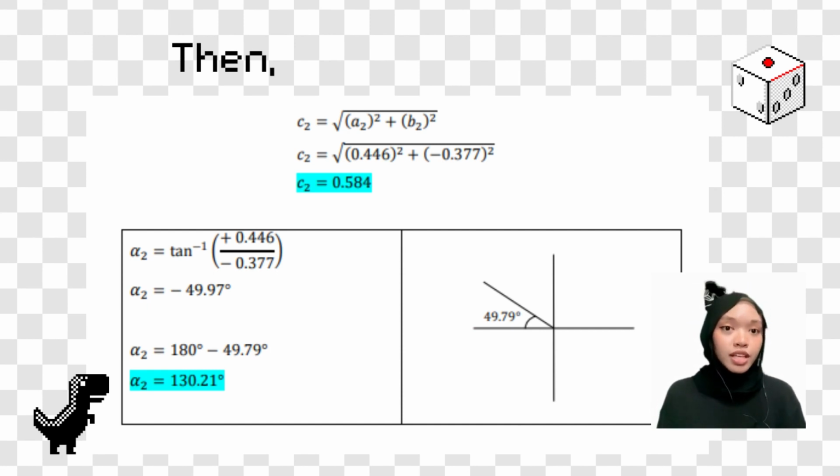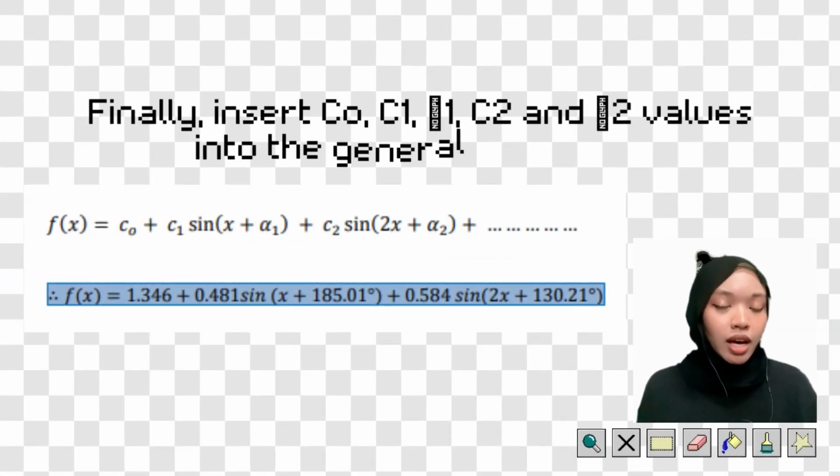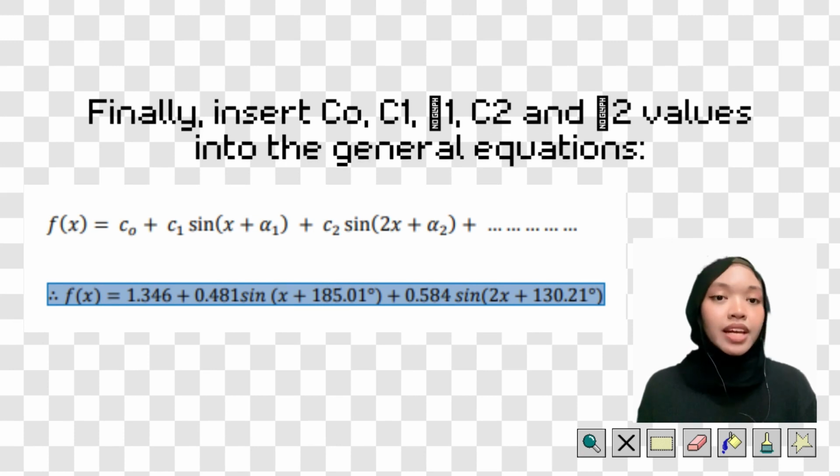The formula for C2 is square root of A2 squared plus B2 squared. To find alpha 2, we use the formula tan inverse of A2 over B2. We get the value of A2 as positive and the value for B2 as negative, so the angle will be in the second quadrant. The final step, after we get all the values for C0, C1, alpha 1, C2, and alpha 2, is to insert all the values into the standard form equation.